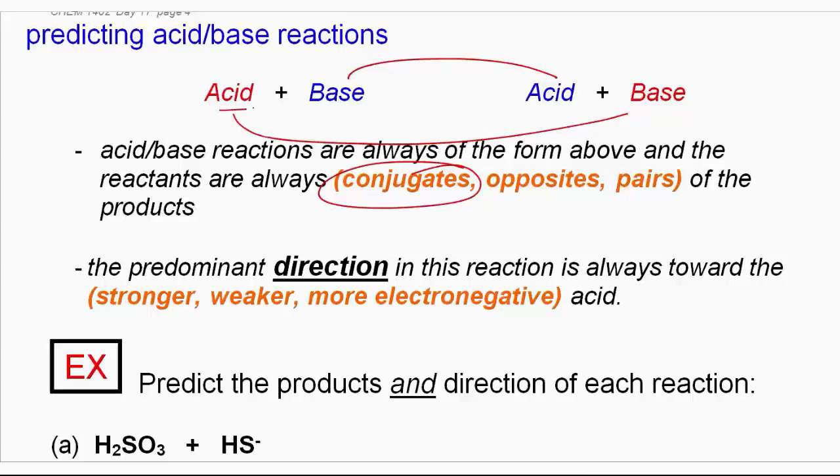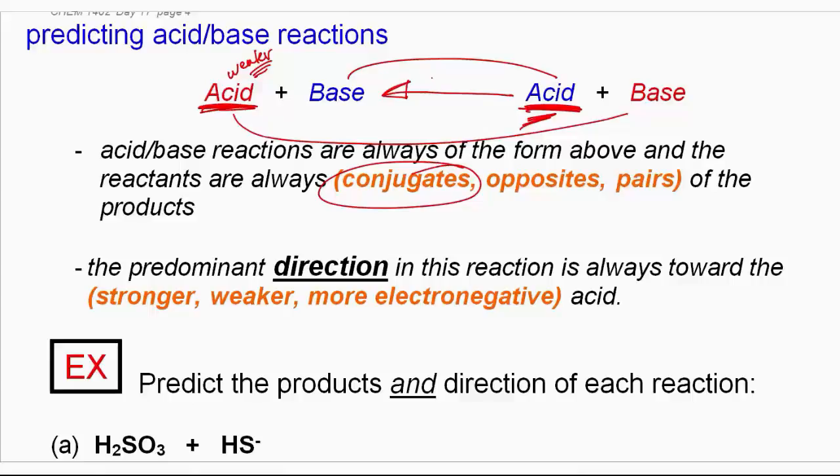So what we need to do is find these two acids in the table, and whichever acid is weaker, the direction is always towards the weaker acid. That's the direction the equilibrium is going to shift.